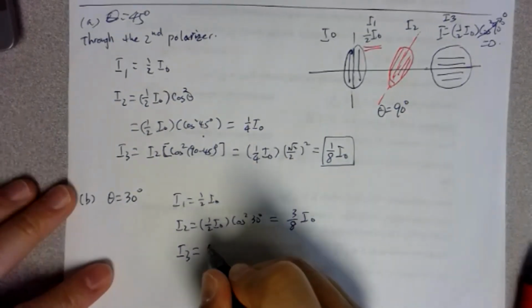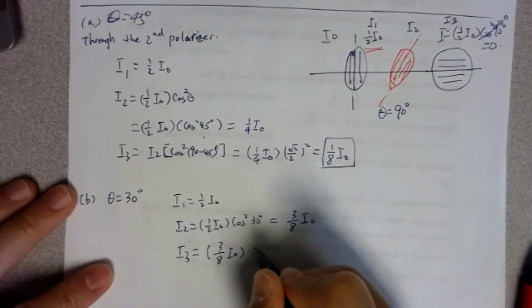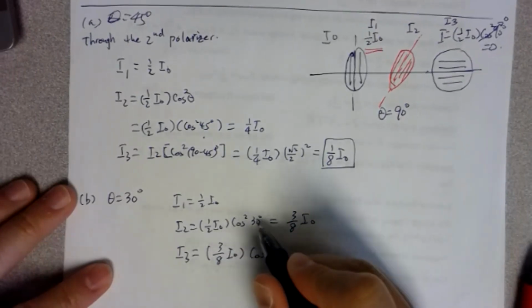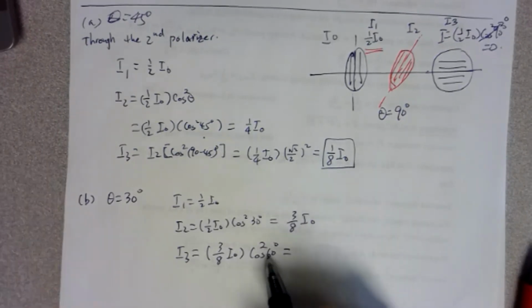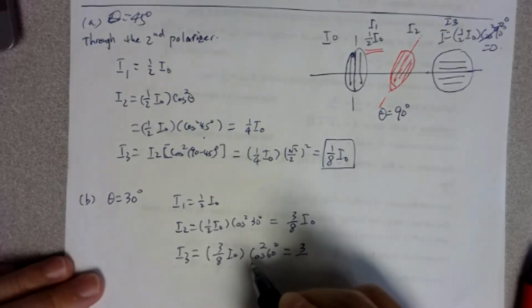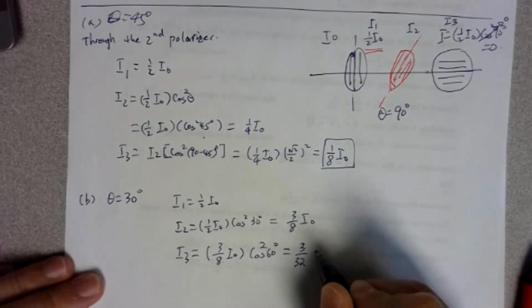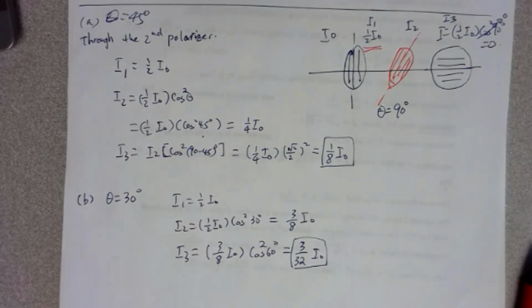I3 then equals I2, which is 3/8 of I naught, times cosine of now 90 minus 30, which is 60, squared. Cosine of 60 is 1/2, so you get 1/4. So you get 3/32 I naught after the light comes out of the third polarizer.